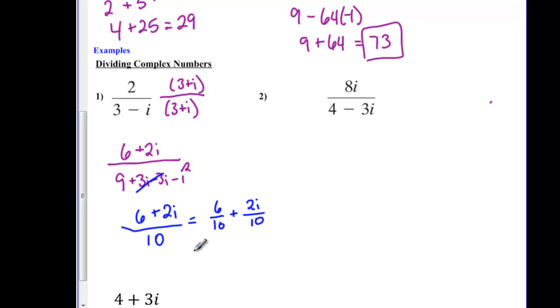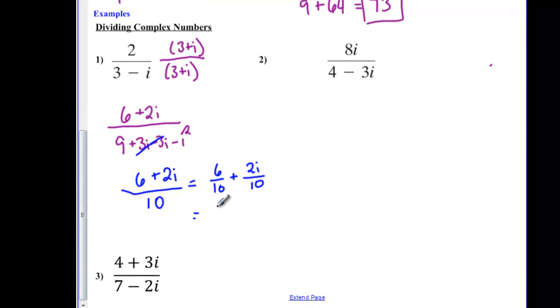And then the last step, we're going to reduce this. 6/10 reduces to 3 over 5. And for the second part, what's 2/10 reduced to? Yeah, 2/10 reduces to 1/5. I'm going to write it as 1/5 and then put the i beside it, because I think my math lab might care. So we'll do it the way my math lab prefers.